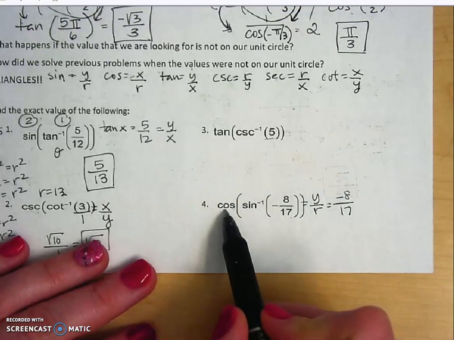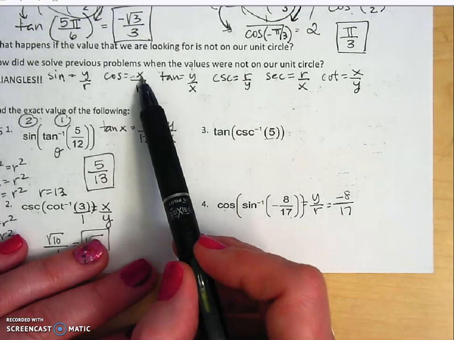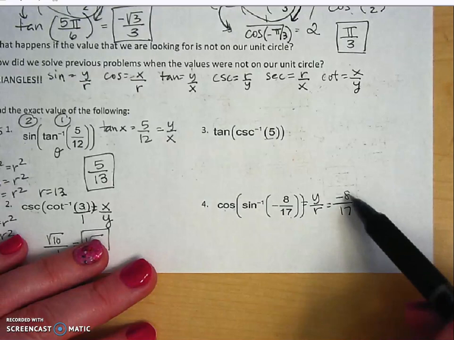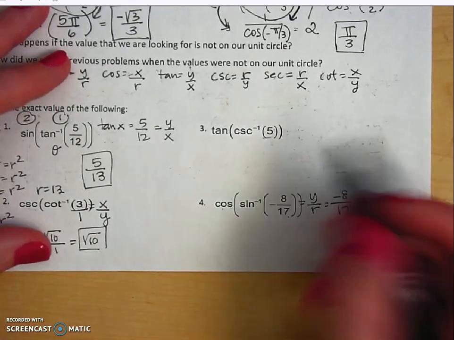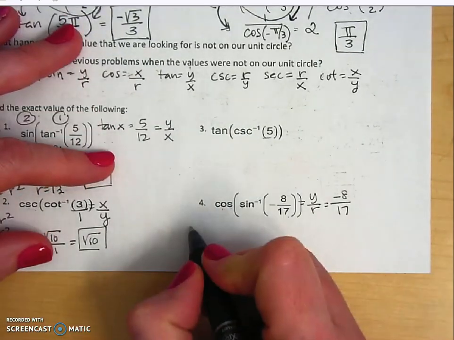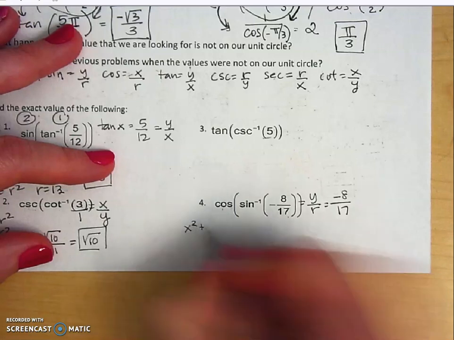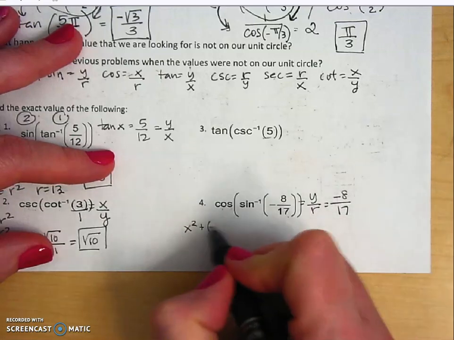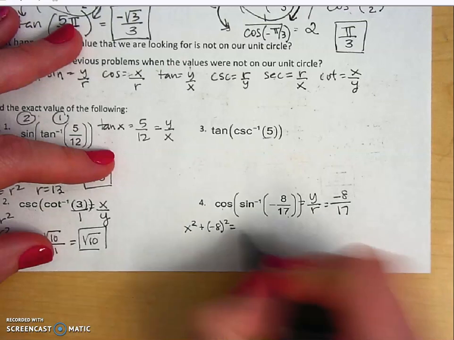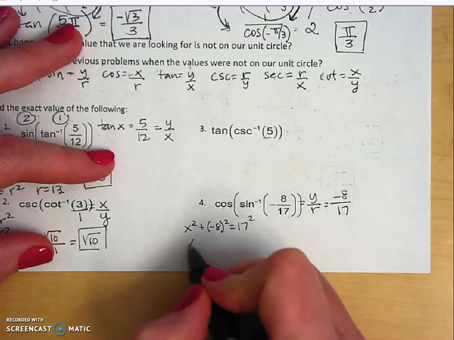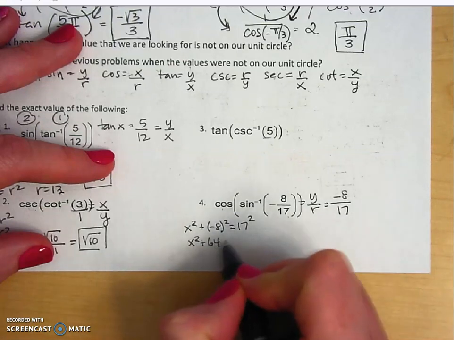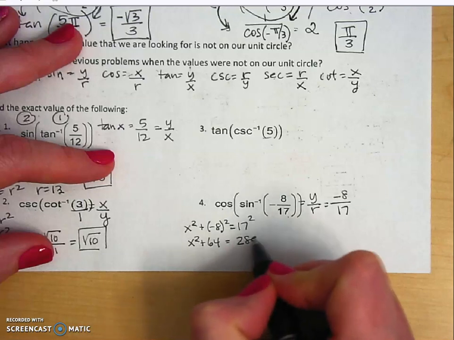So to figure out cosine, I need the x value. So I don't have that yet, but I have y and r. So using Pythagorean theorem, I have x squared plus y squared, y is negative 8, equals r squared. So that's x squared plus 64 equals 289.